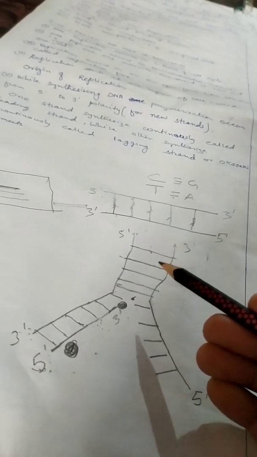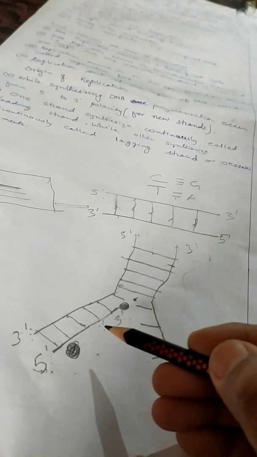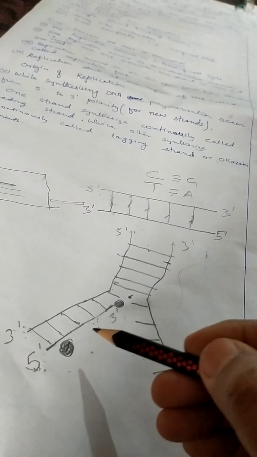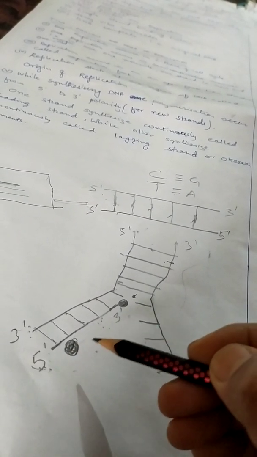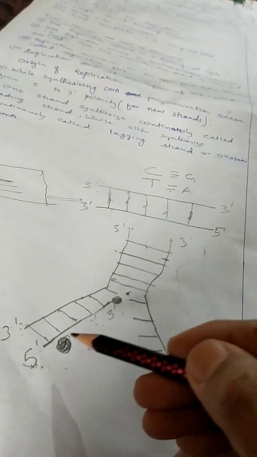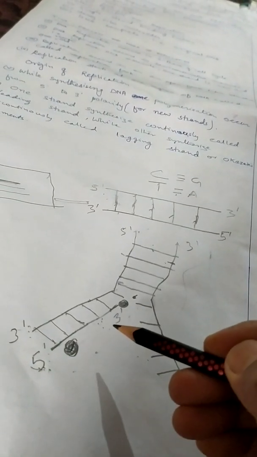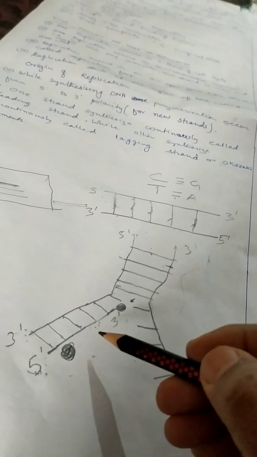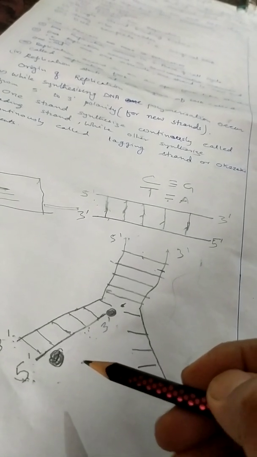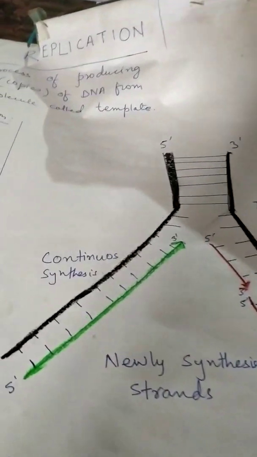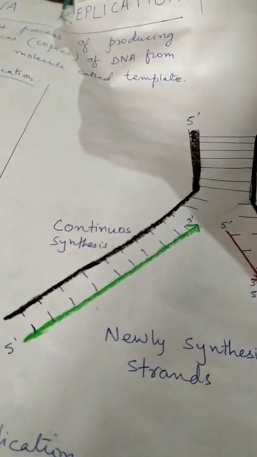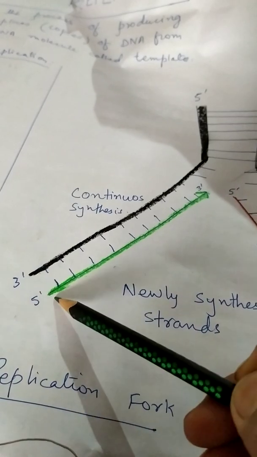This process is producing without any disturbance, and it is synthesizing continuously. That is why this process of synthesizing one strand from 5' to 3' is called continuous synthesis, and we call it the leading strand also. In the last class, I showed you this continuous synthesis.